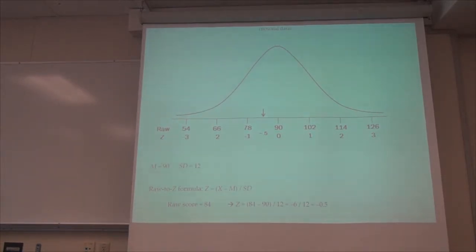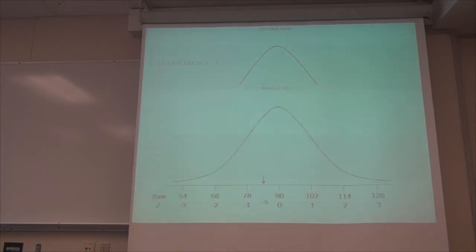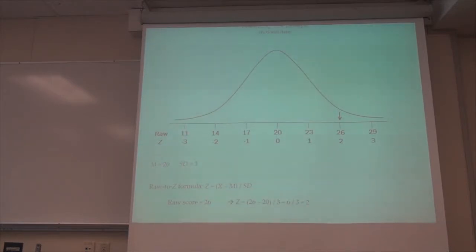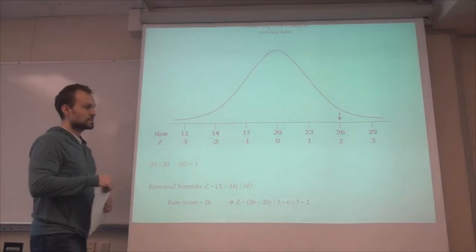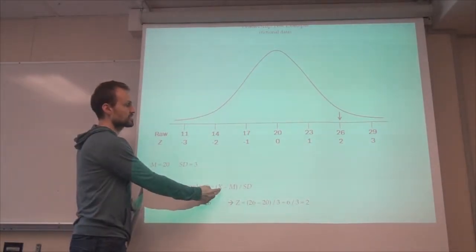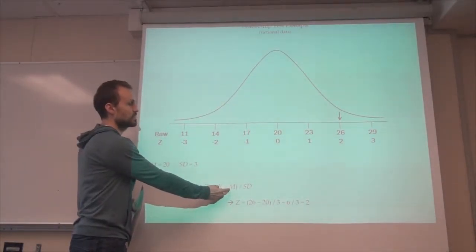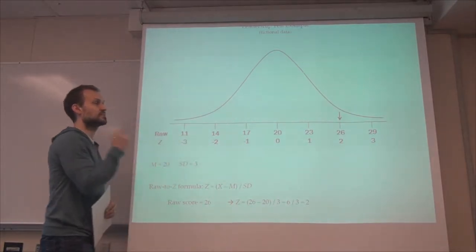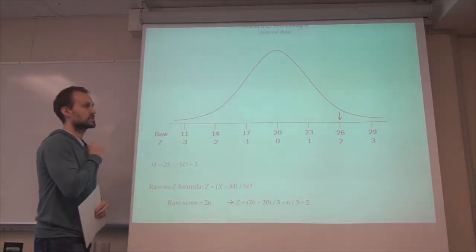If I look at the previous example, the leadership one, now I was working with 20, and I had a score of 26. So I take 26 as my actual score minus the mean of 20. So that puts me a distance of 6.